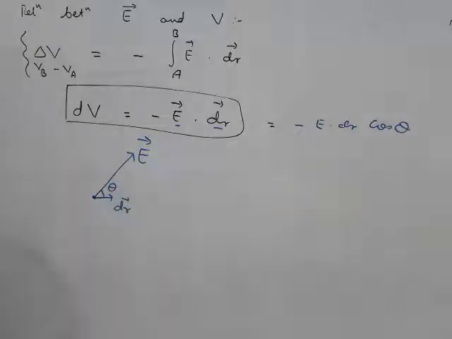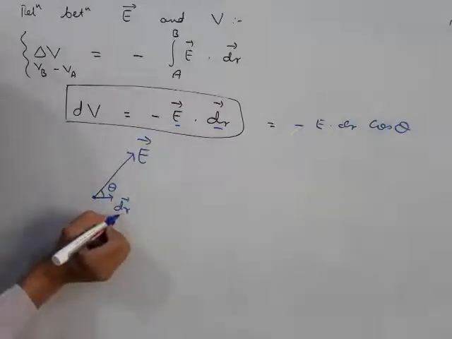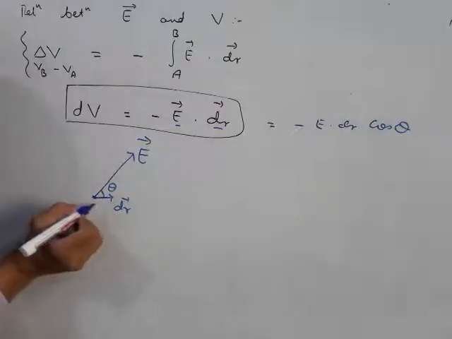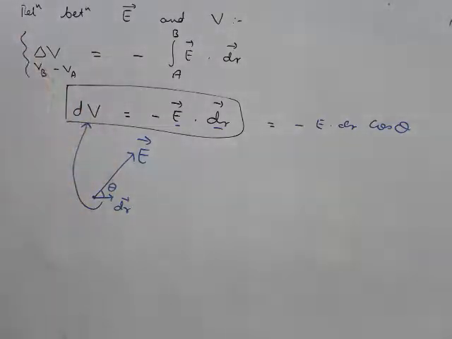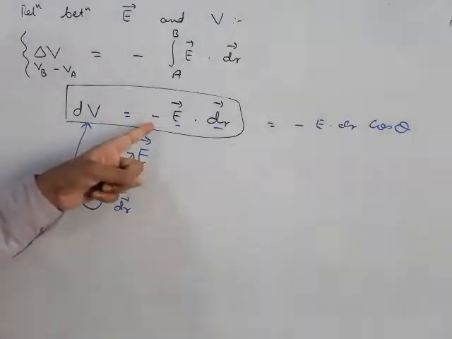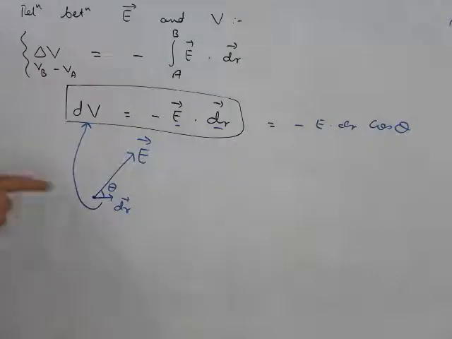Theta. Then when I move from one point to the other by an amount dr vector, the potential will change. That change in potential is given by this particular formula. The change in potential is how much? dV, and it is equal to how much? Minus E vector dot dr vector, that is equal to this much. Now theta is the angle between E and dr.